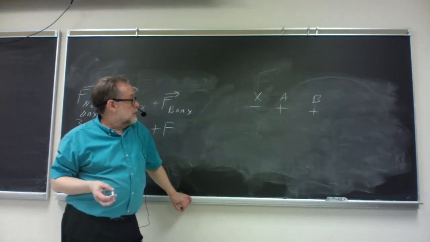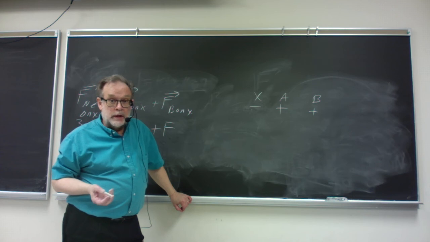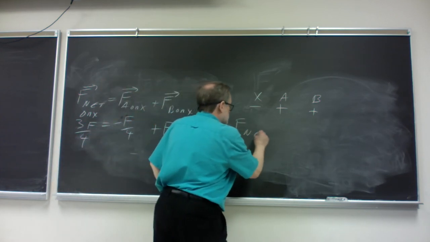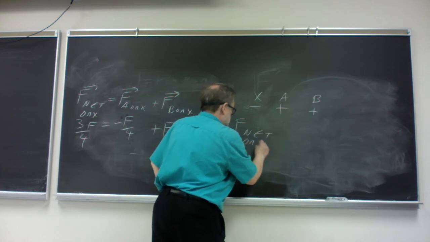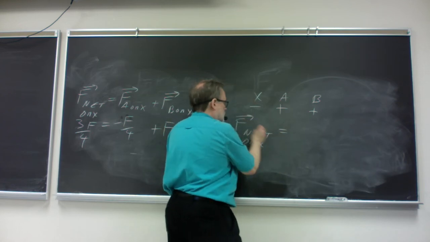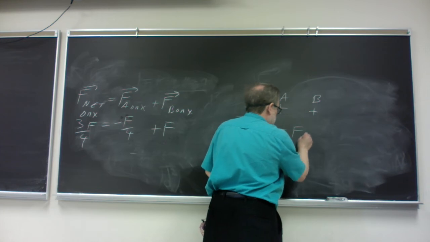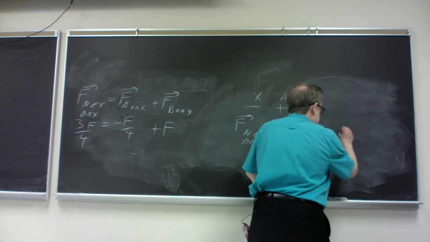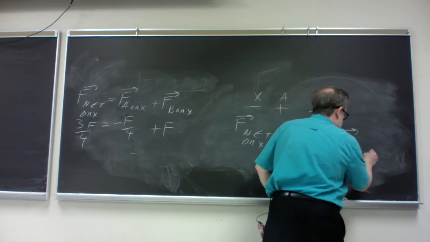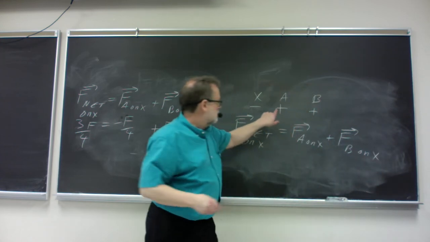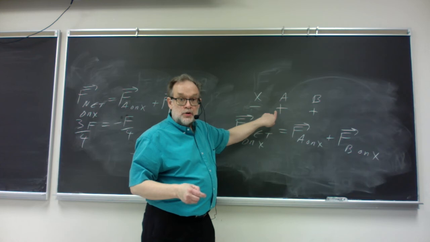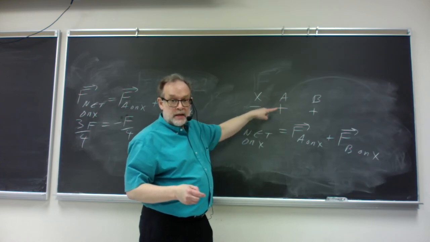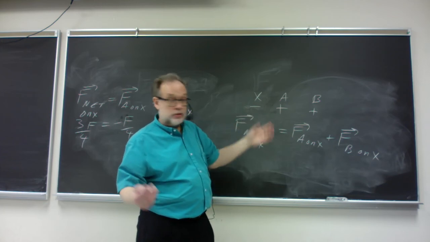So those are, again, we want to figure out the net force on X. And again, it's a sum of the force from A on X plus the force from B on X. A is 1 unit of charge, 1 step away from X, so the strength of A's force on X is what we call just plain F.